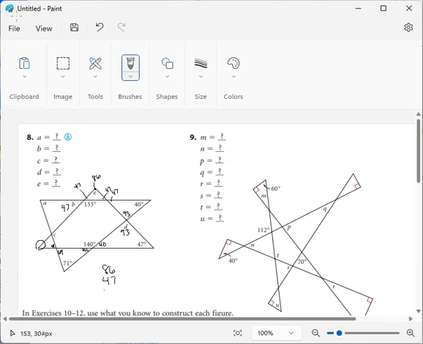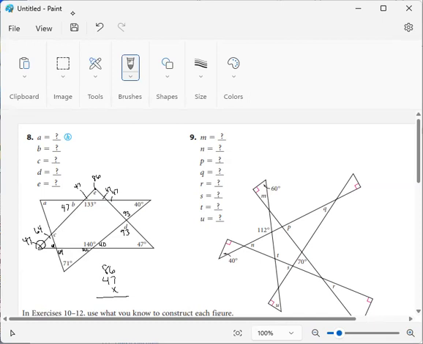So 86, 47, and then my X that I'm trying to find needs to add up to 180. So 180 minus 86 minus 47 is 47. So this little one left is 47, and then I have 69 and 47 is 116. So 180 minus 116 is 64. So this one in there is 64.